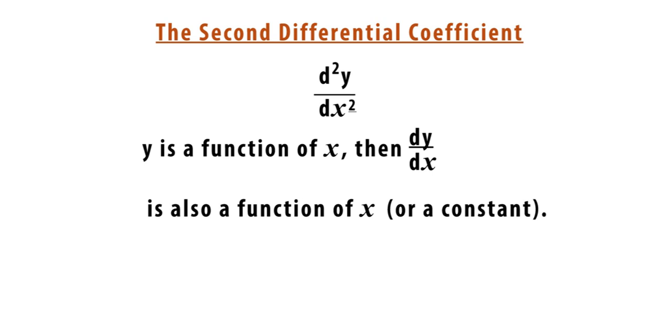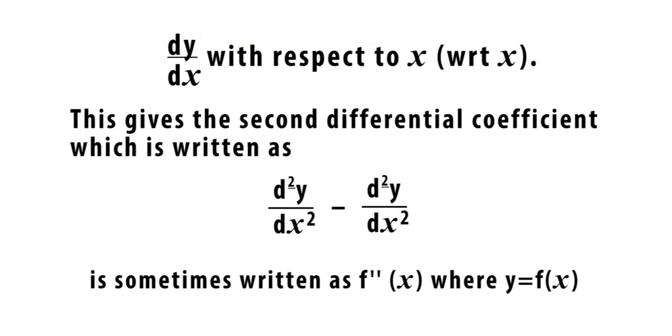If y is a function of x, then dy/dx is also a function of x, or a constant term. Hence, we can differentiate dy/dx with respect to x. This gives the second differential coefficient, which is written as d squared y over dx squared. It is sometimes written as f double prime of x, where y is equal to f of x.